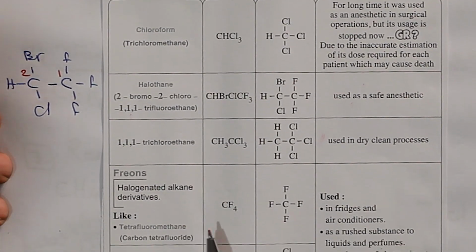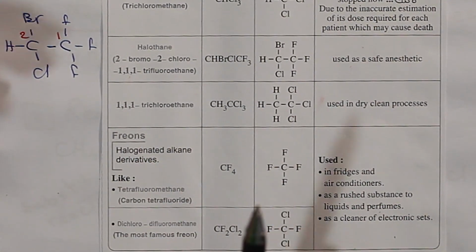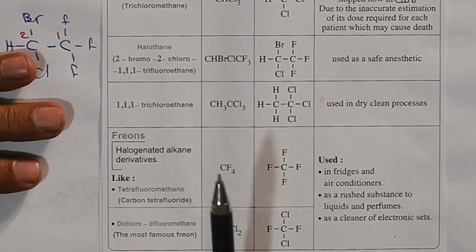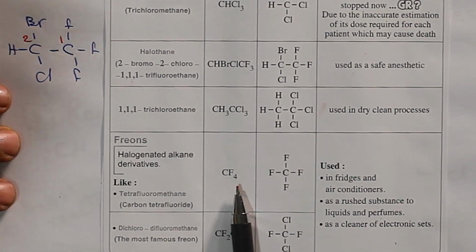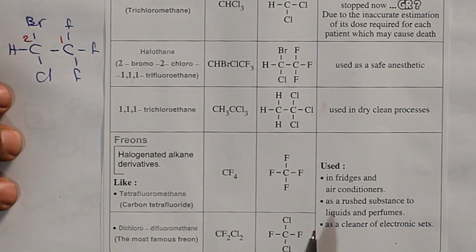Another point that is very important: Freons. Freons is a chemical name of halogenated compounds such as CF4 or CF2Cl2.